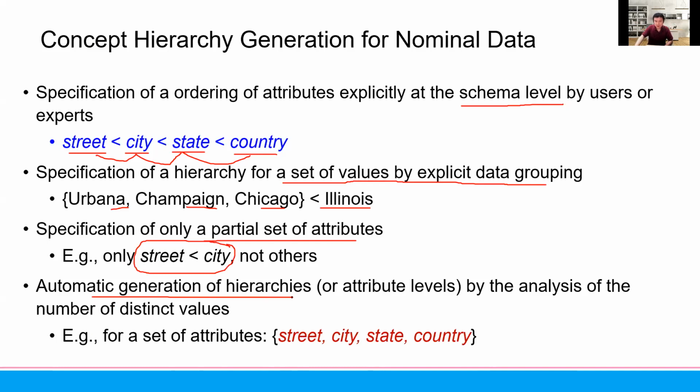Okay. When we do the automatic generation, it means we collect all the data and then we put the data into the analysis, and the analysis will be counting the number of distinct values. So let's say I have a set of attributes: street, city, state, country. Okay, for example, I have Wedoro, Yongin, Gyeonggi, Korea.